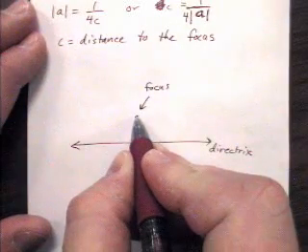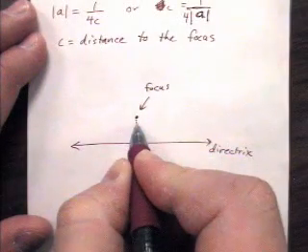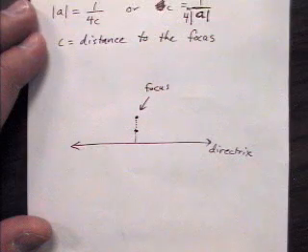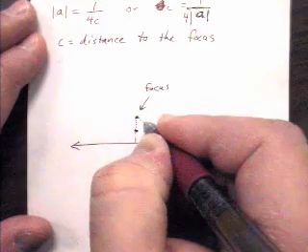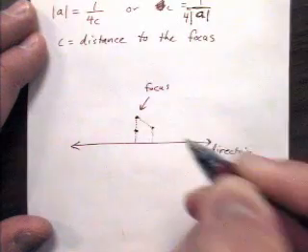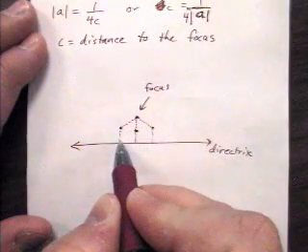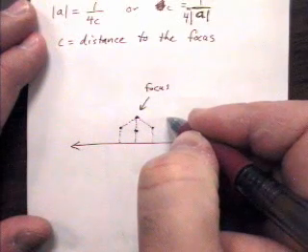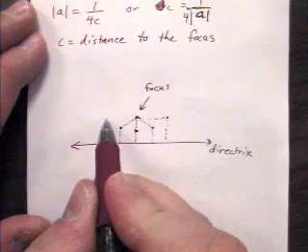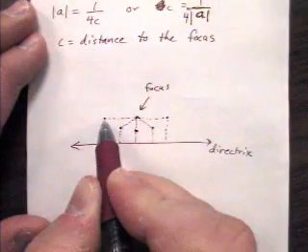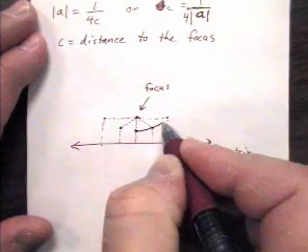In other words, if you take every point whose distance is the same from the focus as it is to the directrix, you'll notice those two distances are equal, and start finding all the points. If you take this distance, it should be equal to this distance. Every single point where this distance equals this distance, you will identify all the points of a parabola, of which there are an infinite number.